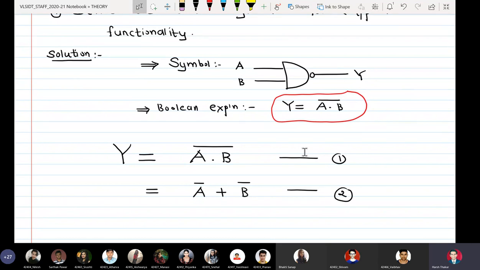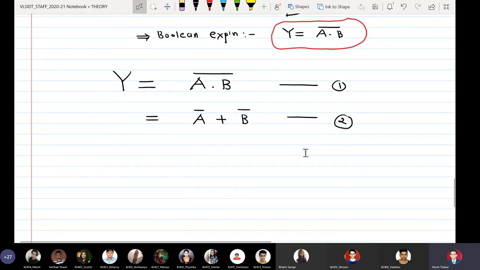I repeat, our given expression for the NAND gate is Y equal to (A dot B) whole bar. It already contains a bar. That is why I am going to design the pull-up network first. This bar indicates that we start with the pull-up network.